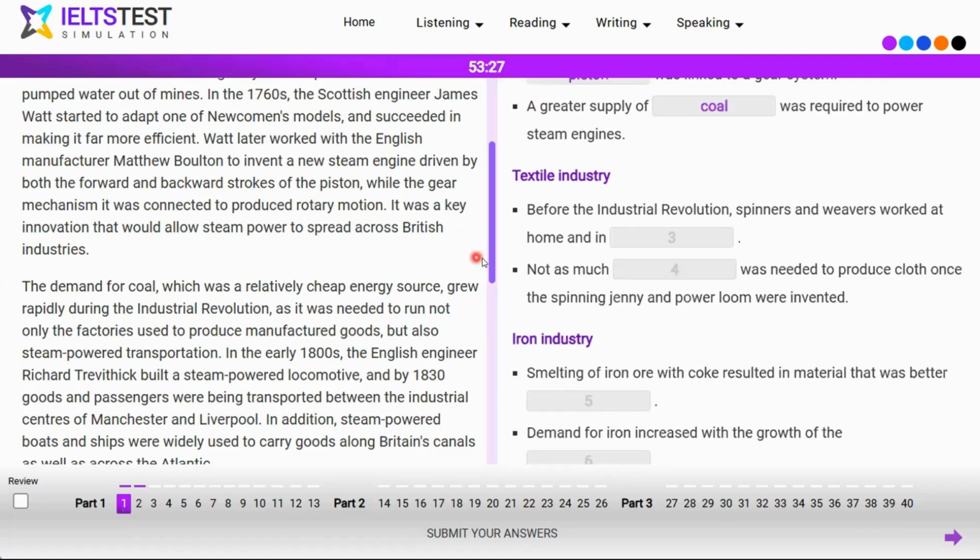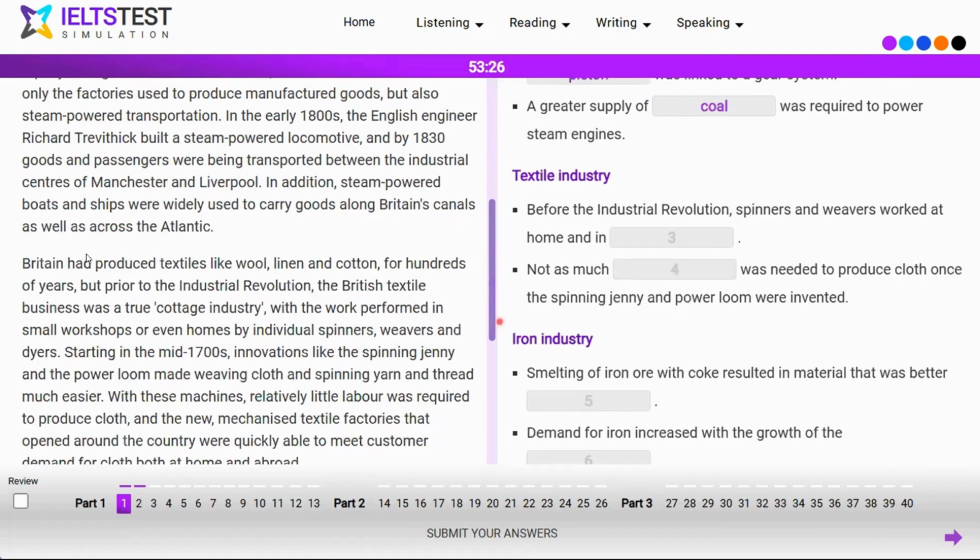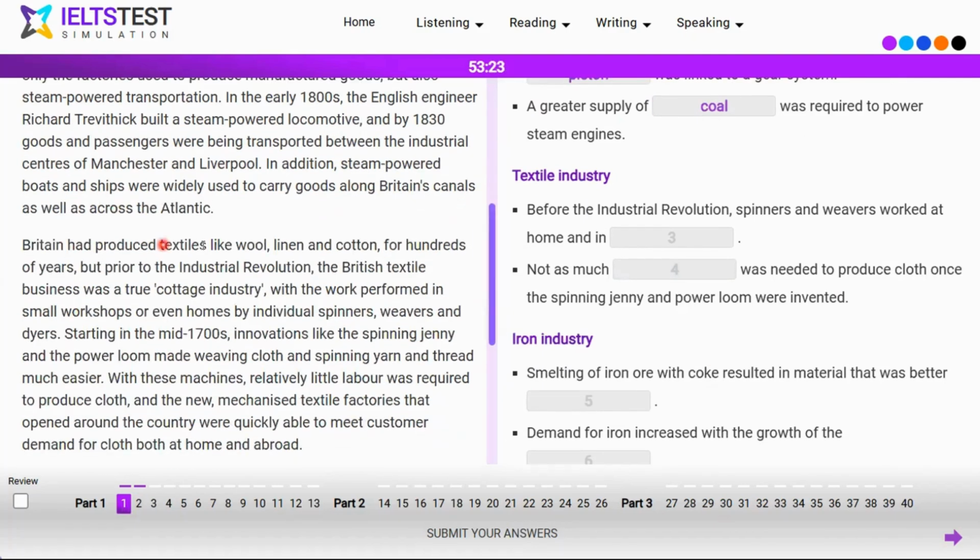Next one now says textile. Textile is in paragraph 3. Can you see textile here? Now, before the Industrial Revolution, spinners and weavers worked at home and in dash. So let's look at the passage. Spinners and weavers are my keywords there. I can see individual spinners here. The work performed in small workshops and even homes.